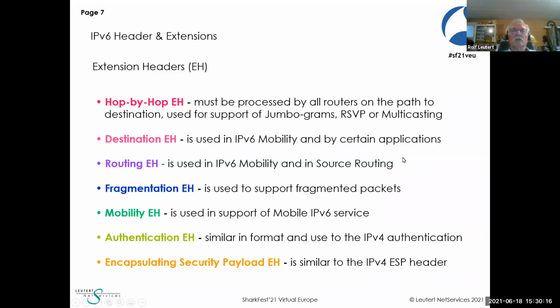So let's go on. Here are some extension headers which exist today. For example, that one is an interesting one. I can add a hop by hop header, and this header must be read by all routers on the way to the target. So this is brand new. A router normally does not read into the payload or into the header.